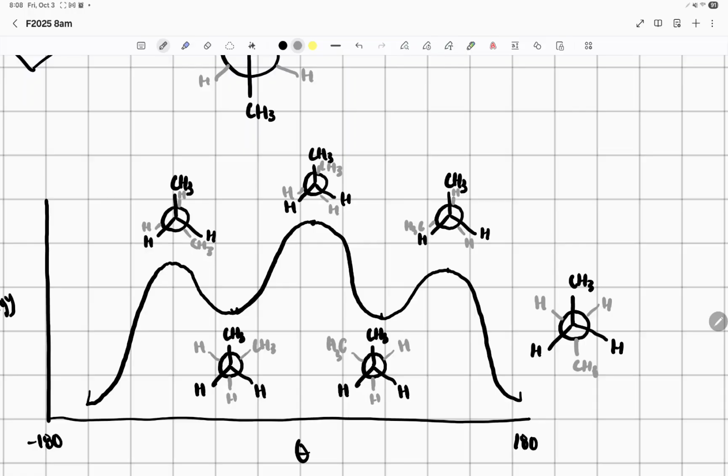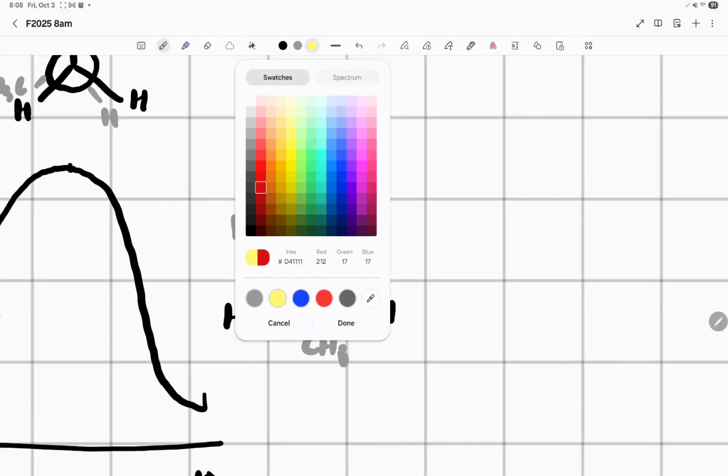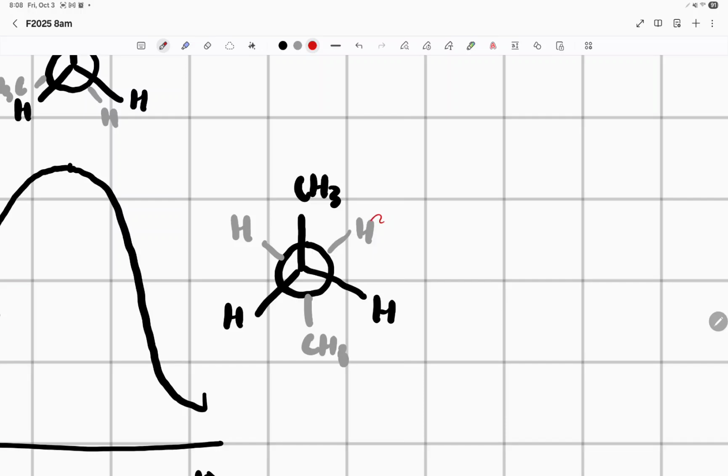Now, if we start to substitute this molecule, if we replace these hydrogens with other groups, like let's say that instead this hydrogen we replaced with an alcohol. So we had instead an OH right here.